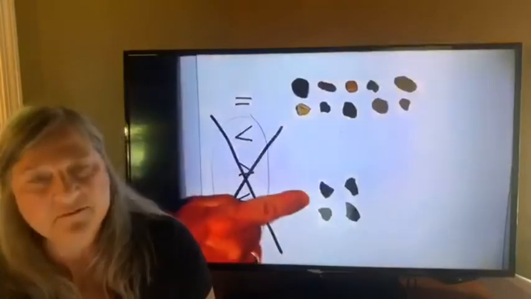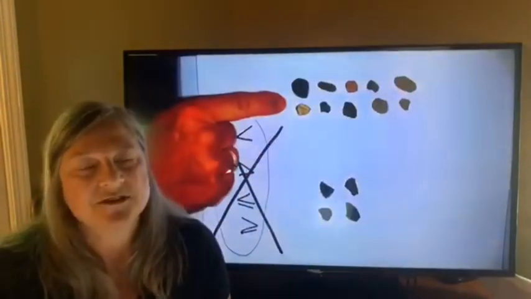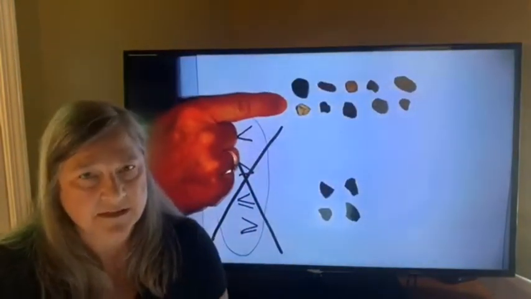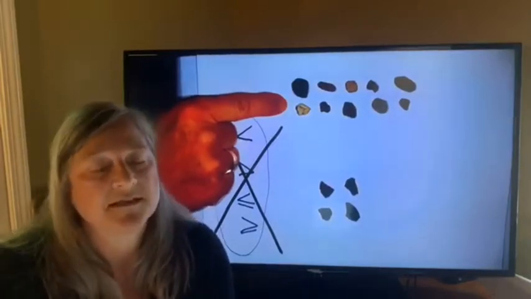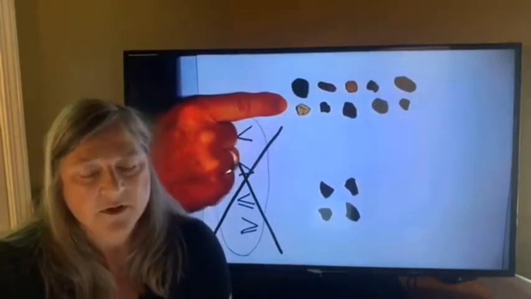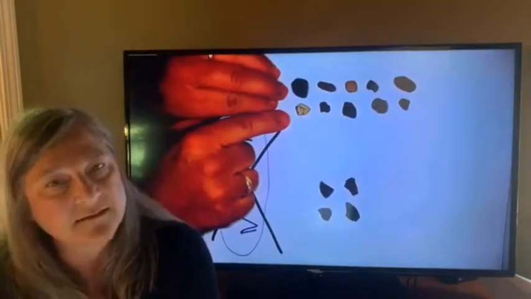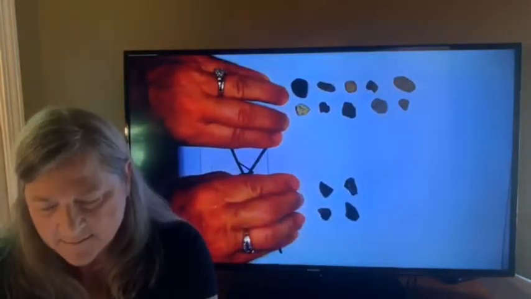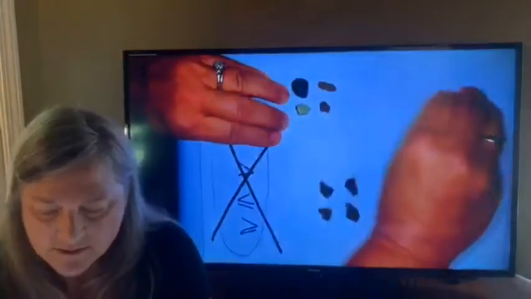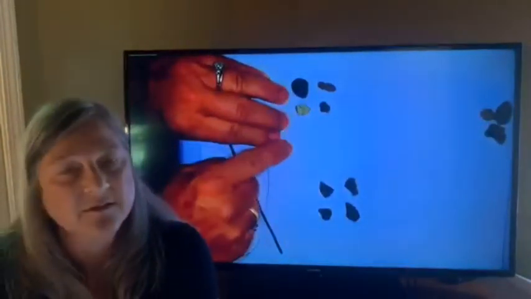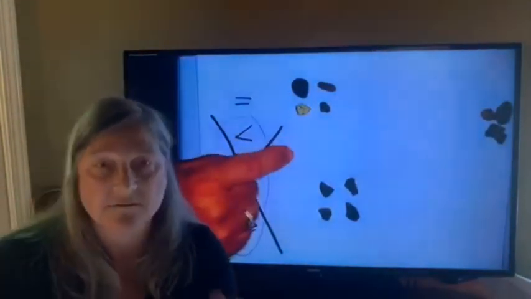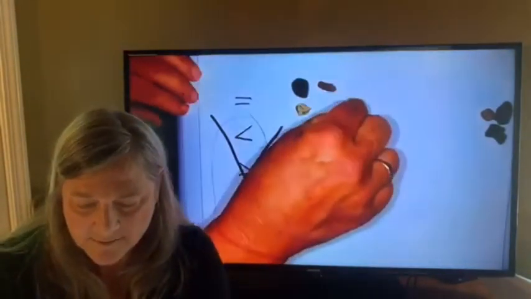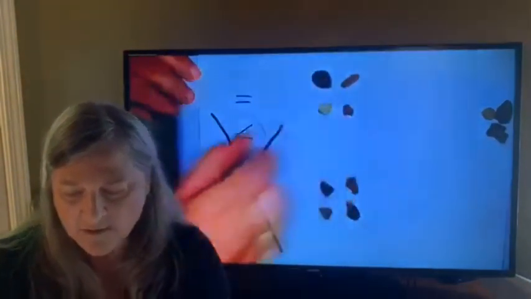So if we have 4 here, can you change this set? Put down however many stones you want so that they are the same numbers. So then they would be looking at this set and trying to match this set. What would look the same? And they may try to have it look the same just because of the array, having it look like the same array.